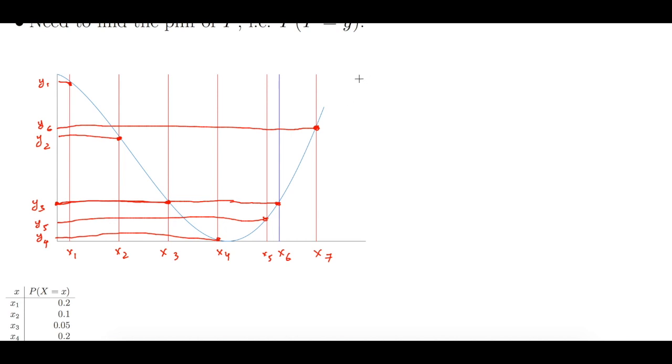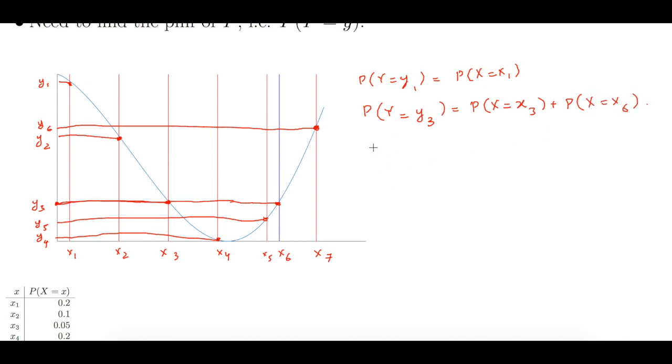So again, p of y is equal to y1 is just p of x is equal to x1, and we have the same for y2, but for y3 we have 2 values of x which map to y3. So then we just add them: p of x is equal to x3 plus p of x is equal to x6.